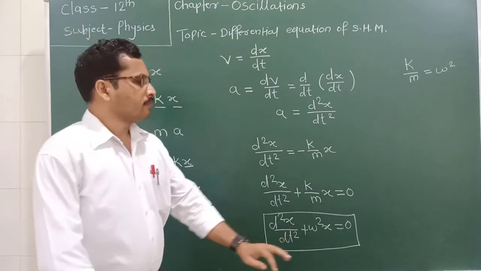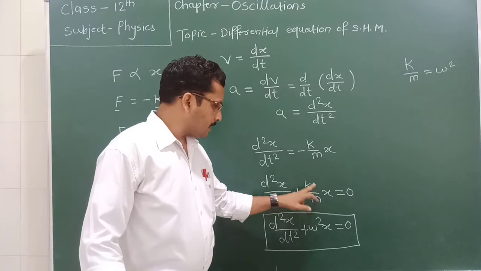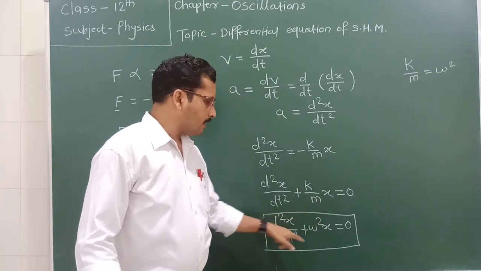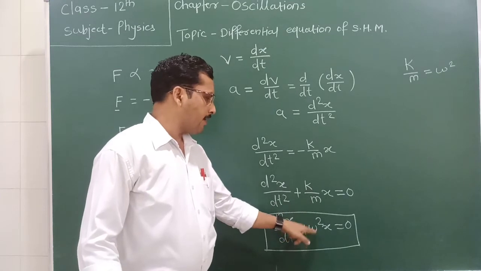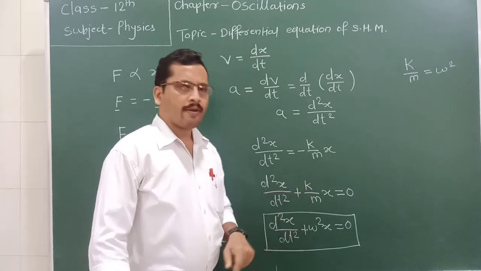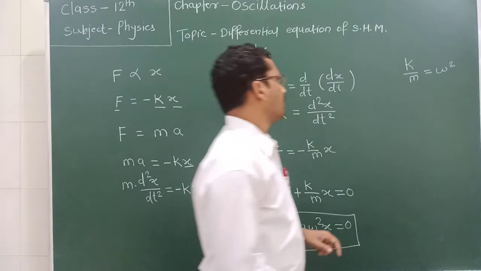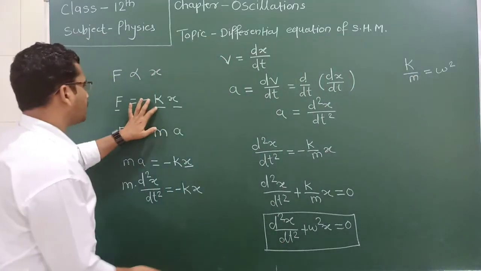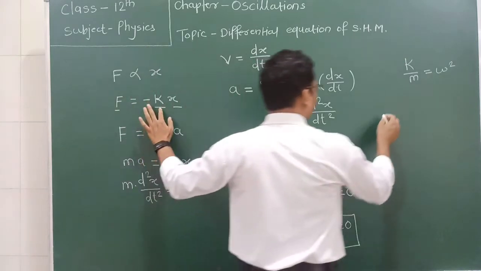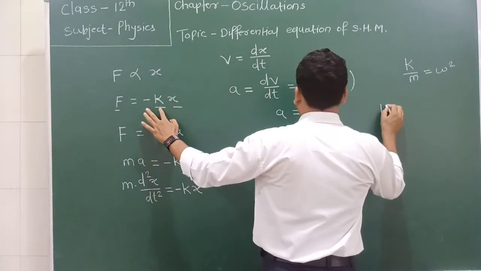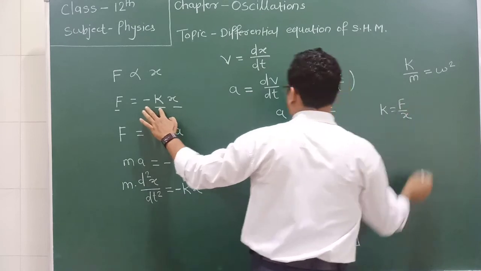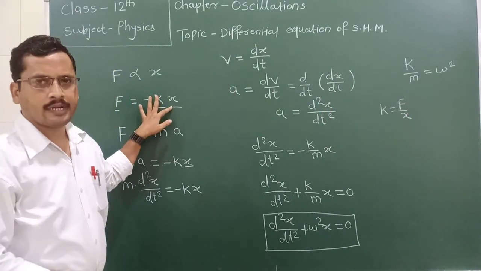Now here we keep k by m equal to omega square. Why is this omega square kept on replacing k by m? See here, what is k? By using this relation we can write k is equal to F by x, force divided by displacement.